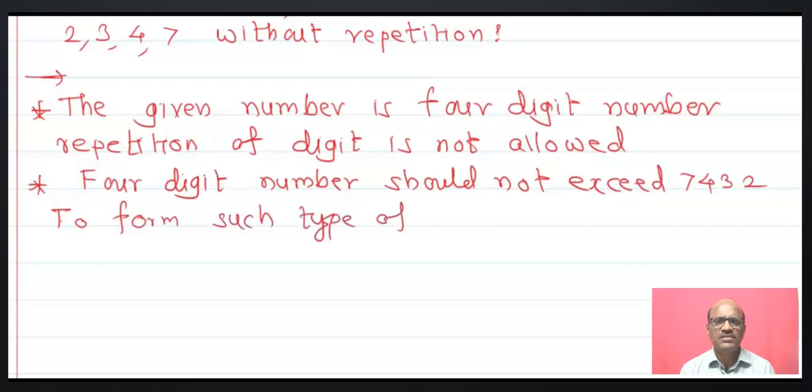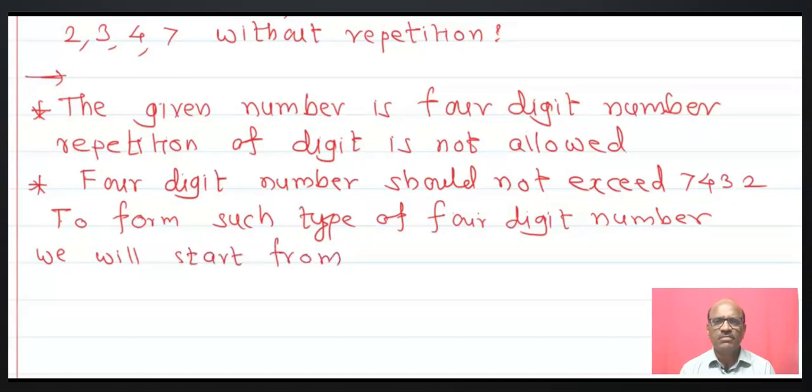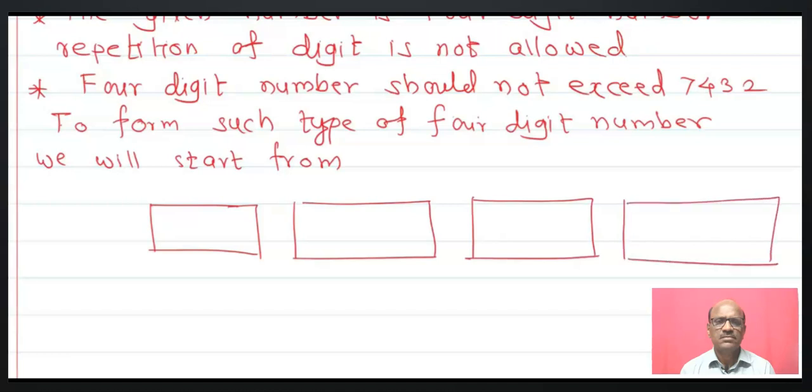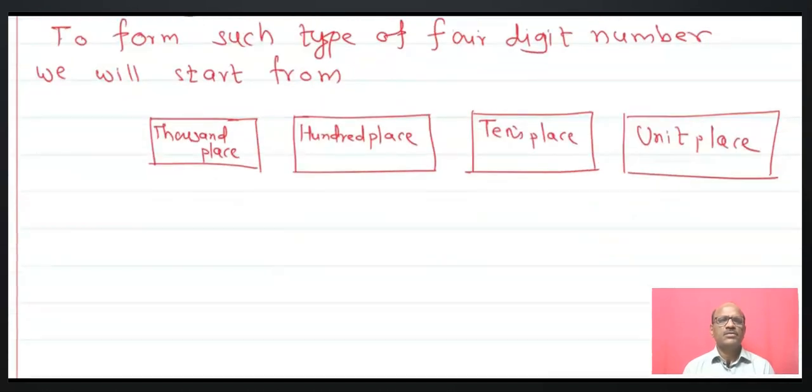To form such type of four-digit number, we will start from that series, that is 1,000 place, 100 place, and the unit place.